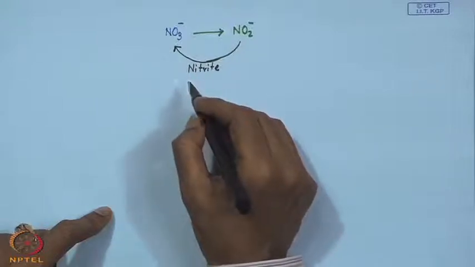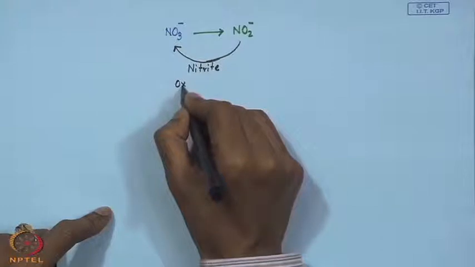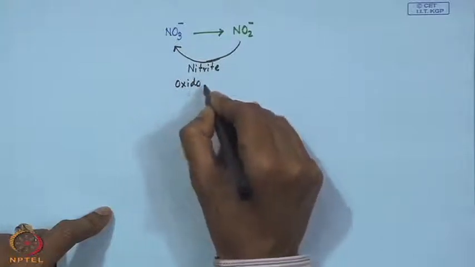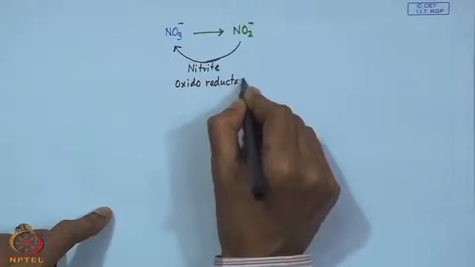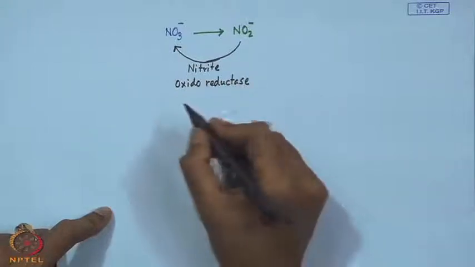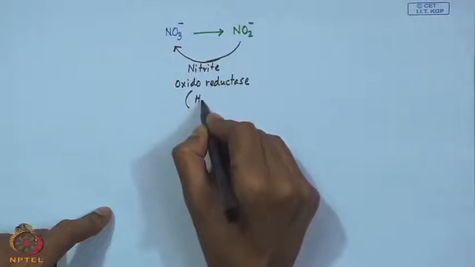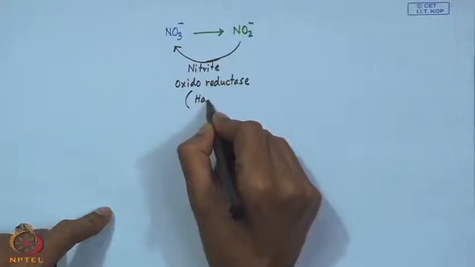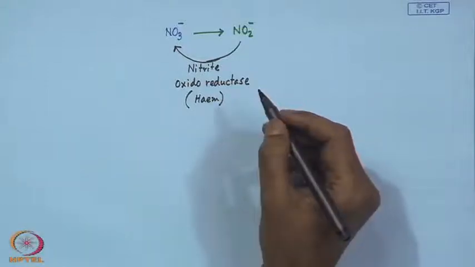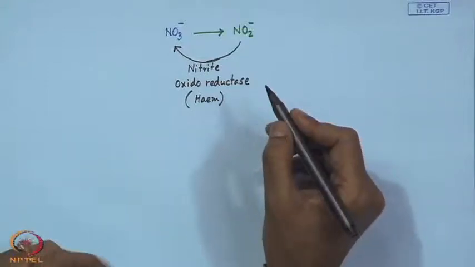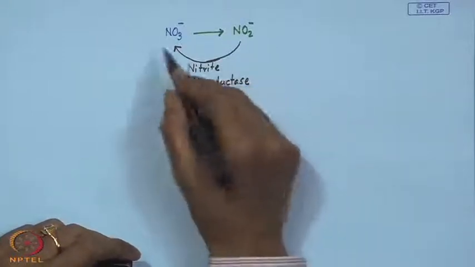Nitrite oxidoreductase is present, which is an iron based heme enzyme. So, with that heme enzyme we have iron there which can convert these things.